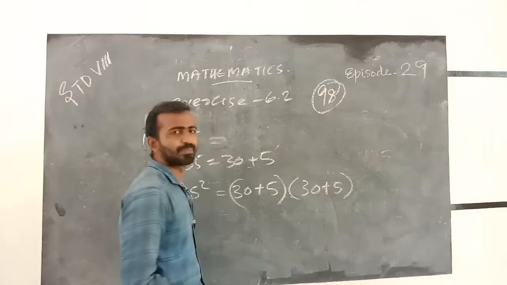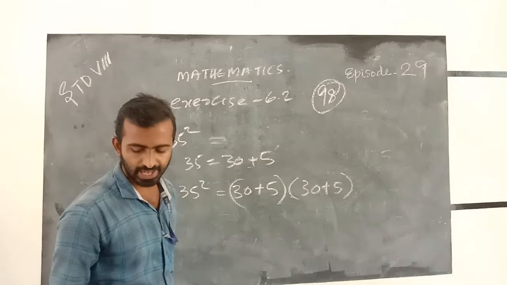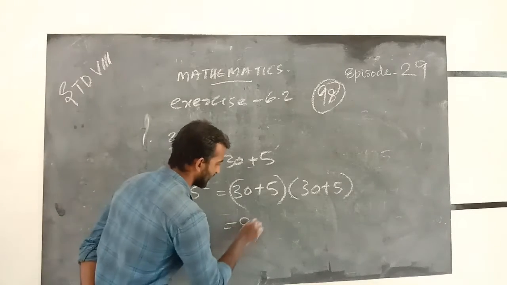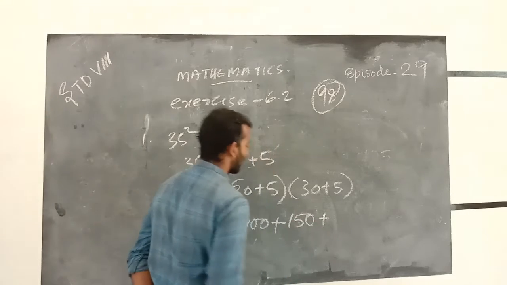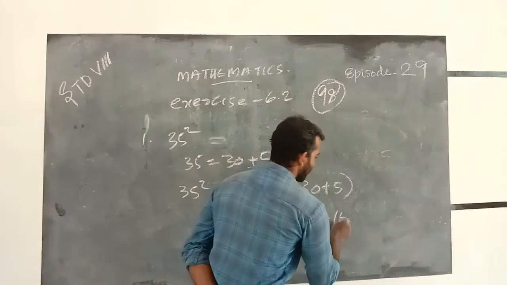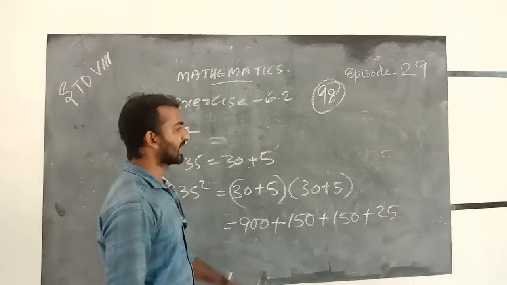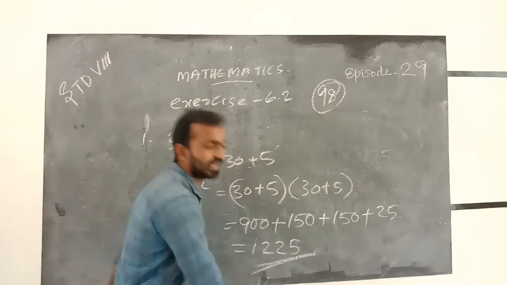A into A, B into B. Is it? Yes. That is 30 into 30, we get 900 plus 150 plus 150 plus 25. That is, we get 1225.